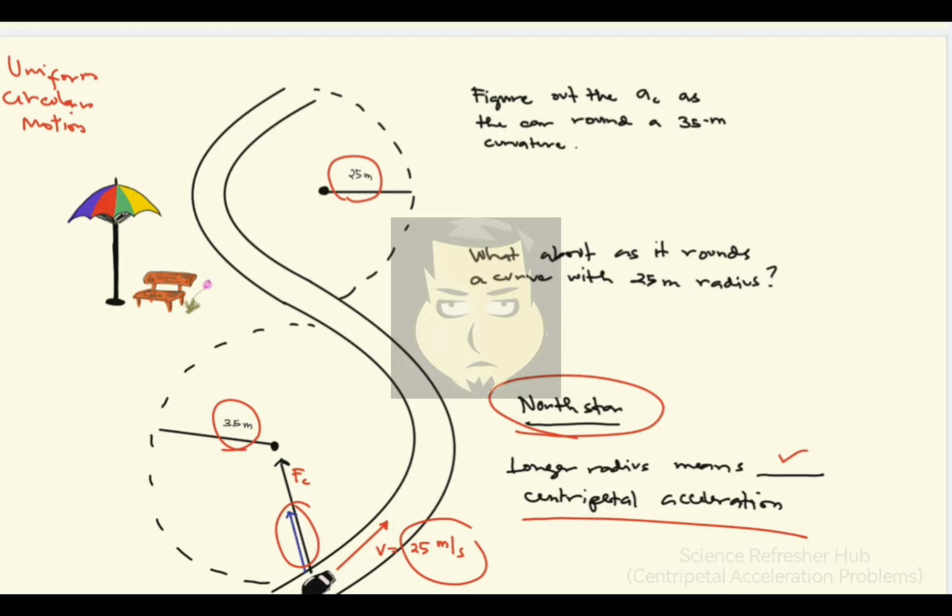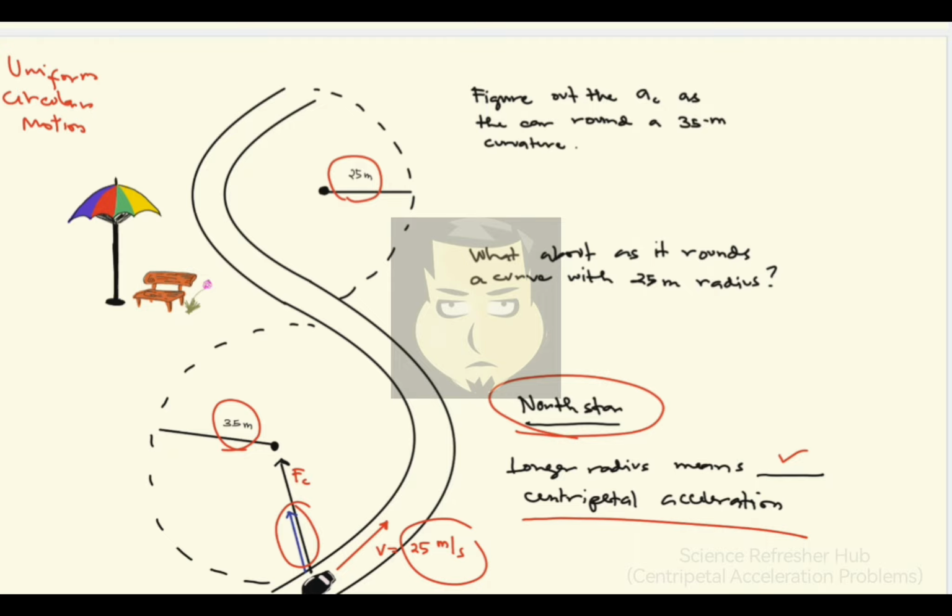So it's 25 meter per second. And if the object will be here, it's still 25 meter per second. If the object's still here, it's 25 meter per second. It's constant along the curvatures.